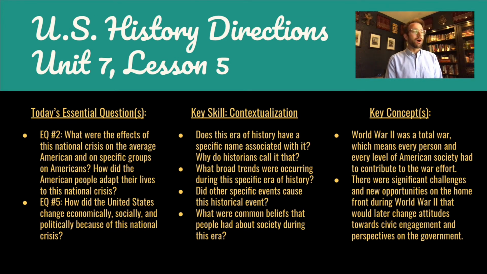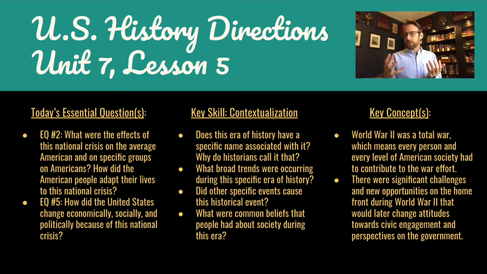Essential questions are: what were the effects of the national crisis on average Americans and specific groups? So what you're looking at here is what was going on during the war back home in the United States. Lesson number 4 was all about the military history, about those fighting it abroad in the Pacific and Europe. We're going back home for a bit, right?